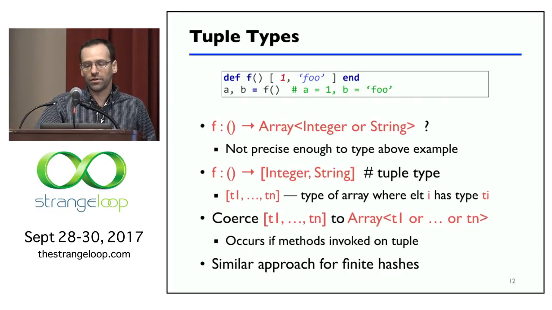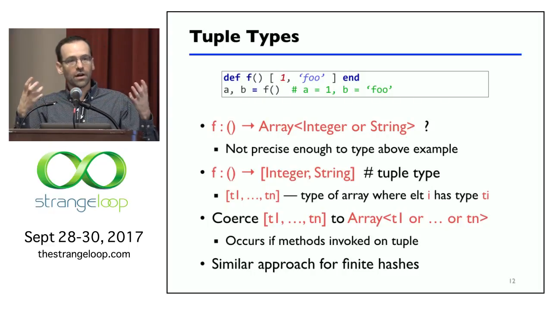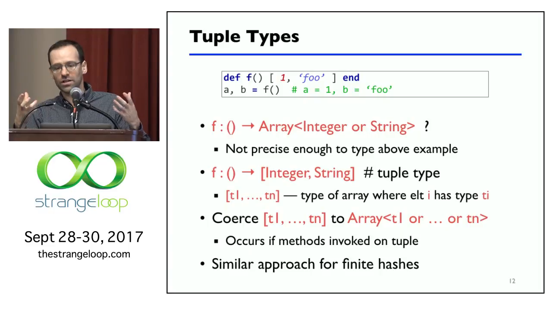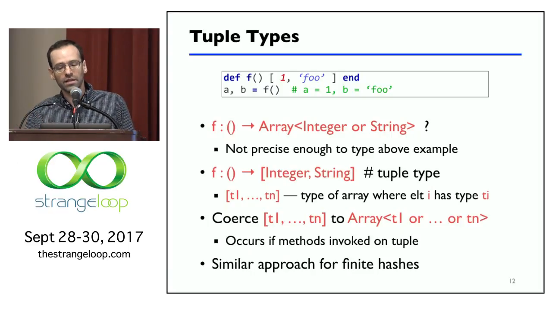So RDL has some sort of fancy footwork inside it so that when you write down an array literal, it assumes it's a tuple type. And then later on, if it decides that that was the wrong assumption, it goes back and it converts it into an array of the union of the tuple types and then rechecks that all the typing constraints are still satisfied. And it does the same thing for finite hashes, because hashes are also used as sort of heterogeneous and homogeneous containers depending on the application.